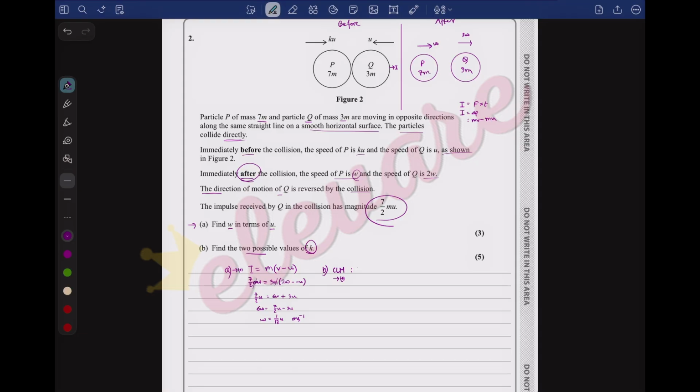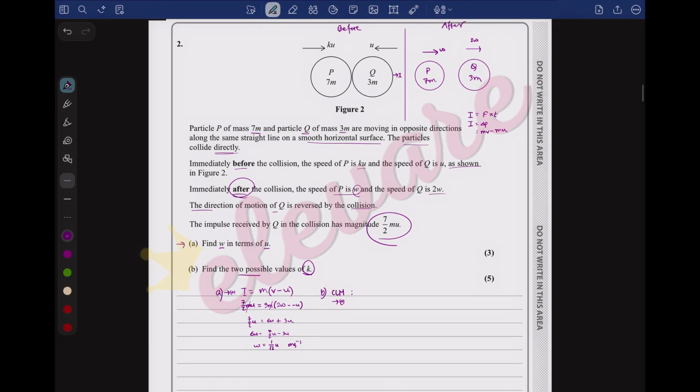Okay? So, what is the total initial momentum before the collision?